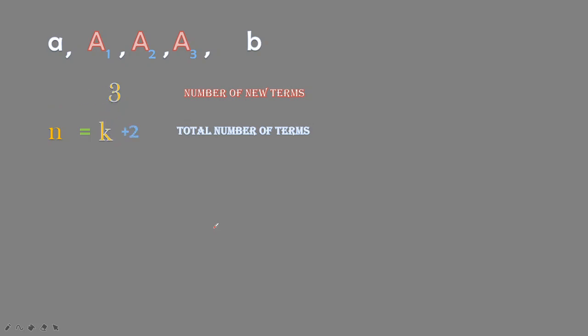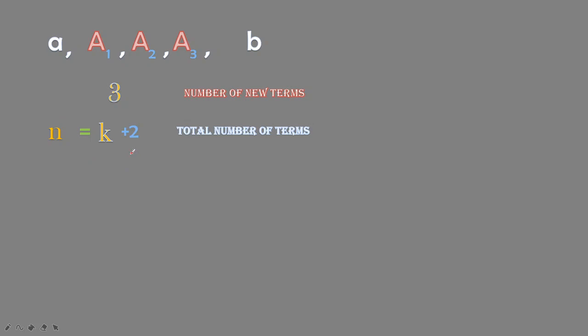So I can say that n is equal to k plus 2 in all cases. You can look at it. So why I showed you that is, you should realize that these two are two different things.